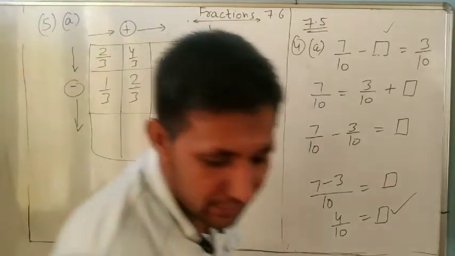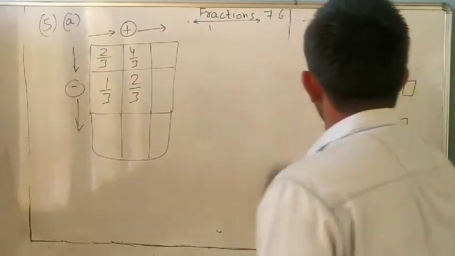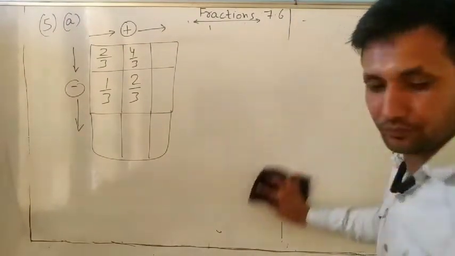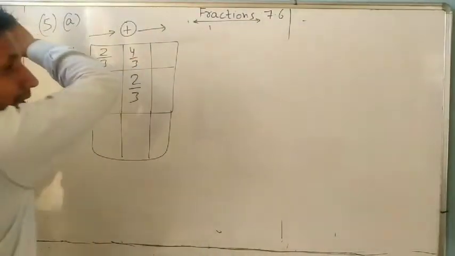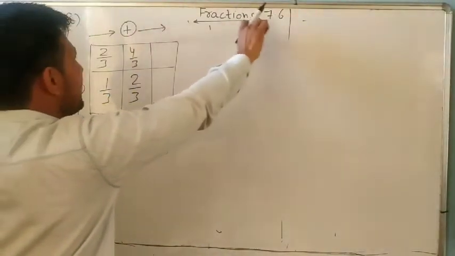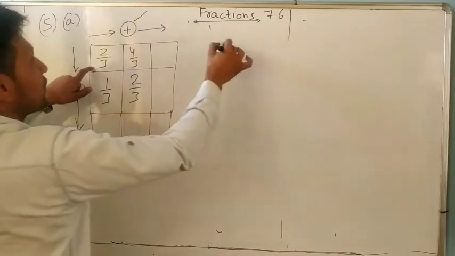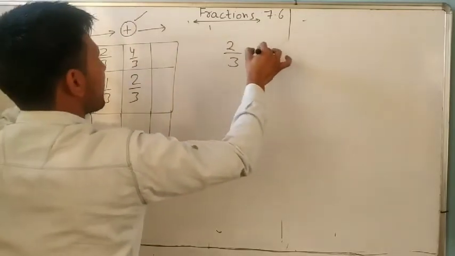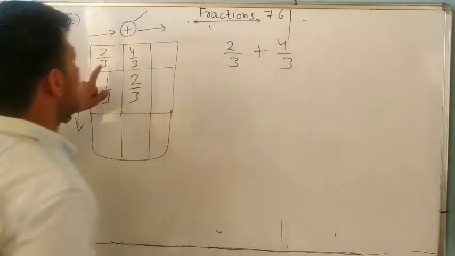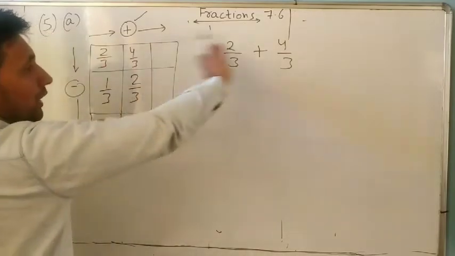So when we go from left to right, it means add, positive. So 2 upon 3 plus 4 upon 3, we will add, because left to right is add.